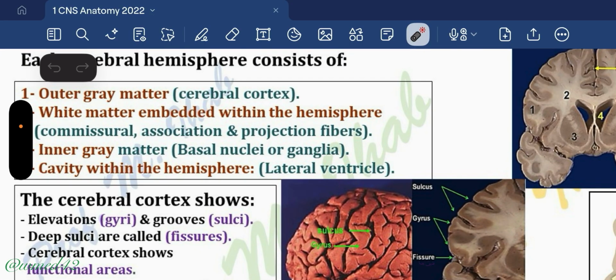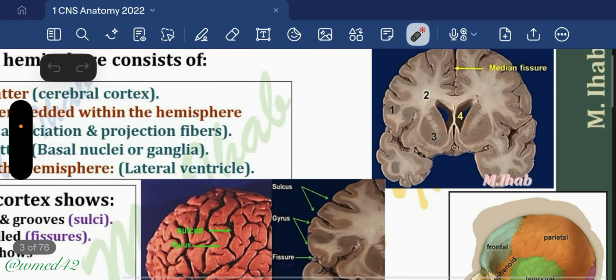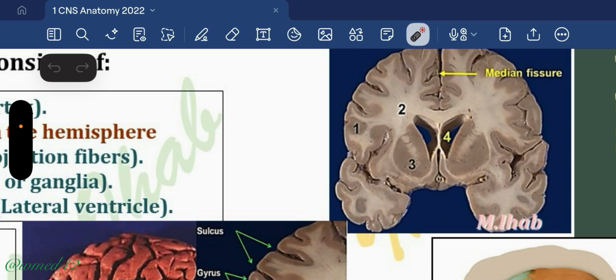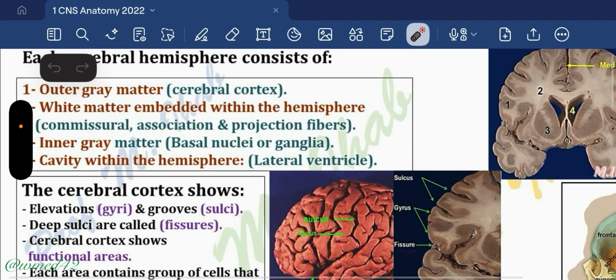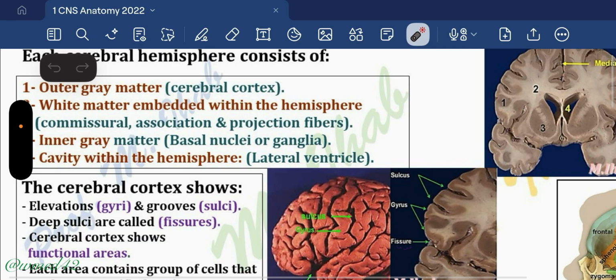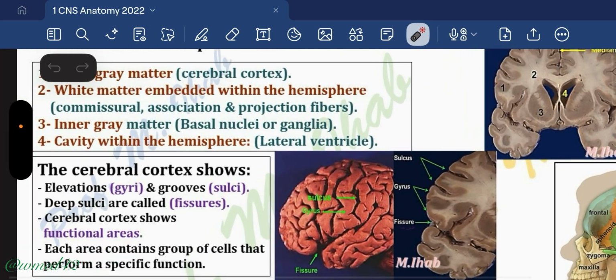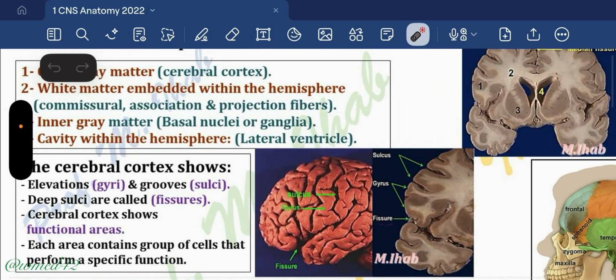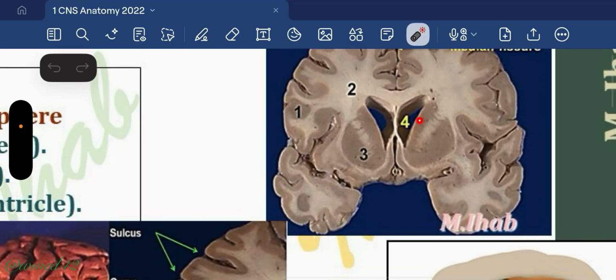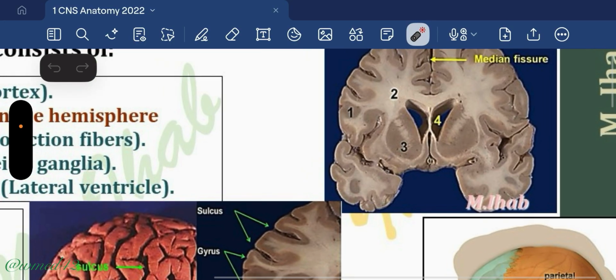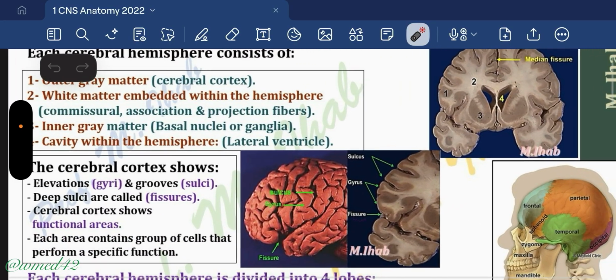The white matter is embedded within the hemisphere: commissural, association, and projection fibers. Inner gray matter is the basal nuclei or ganglia. So this is the inner gray matter. The cavity within the hemisphere is the lateral ventricle. This is the lateral ventricle inside the hemisphere itself.